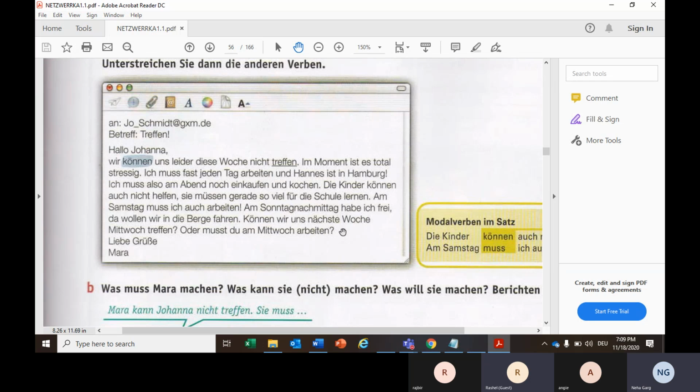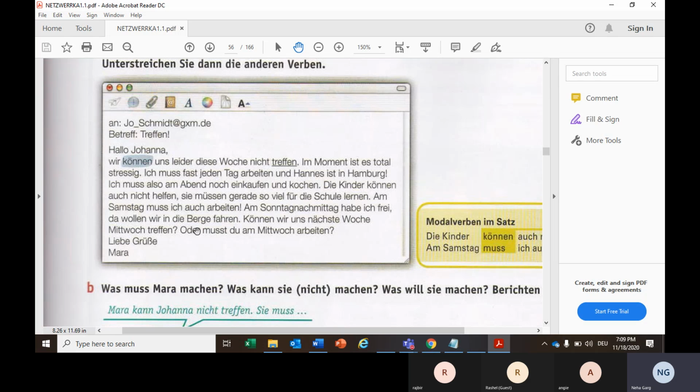Yeah, like some time after afternoon. Mittag is like midday, and then after midday. Ma'am, Mittag is in between midday and evening, or is it before afternoon? Yeah. So that is like afternoon only. Okay. So am Sonntagnachmittag habe ich frei. So on Sunday in the late afternoon time, she has some free time.